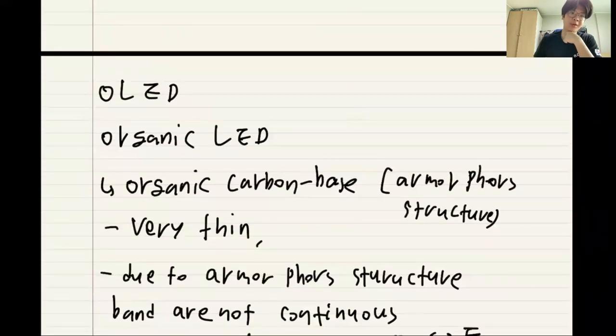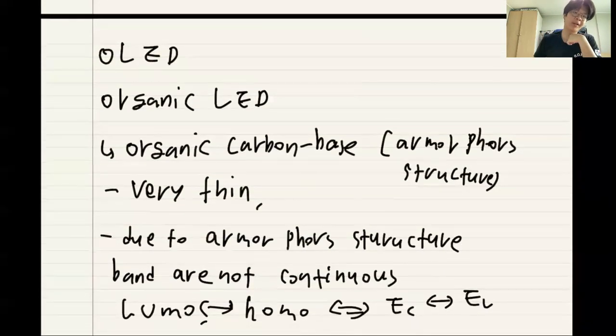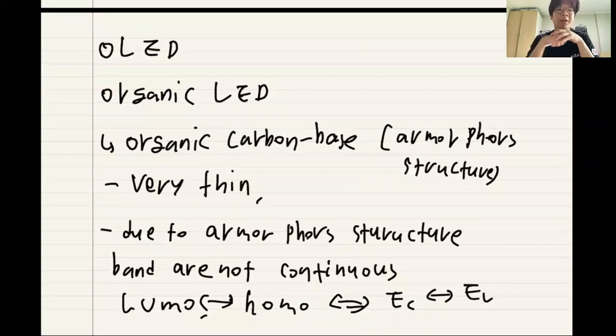And there is the OLED, which means organic LED. It uses an organic carbon base. Those are amorphous structures. And the reason why we use OLED is that it is very thin.